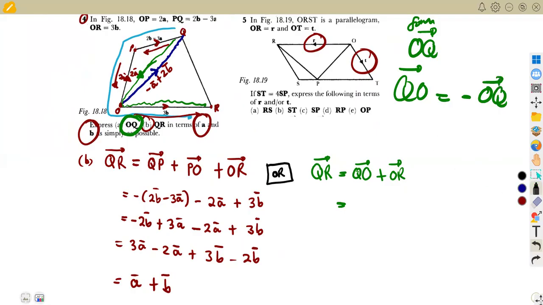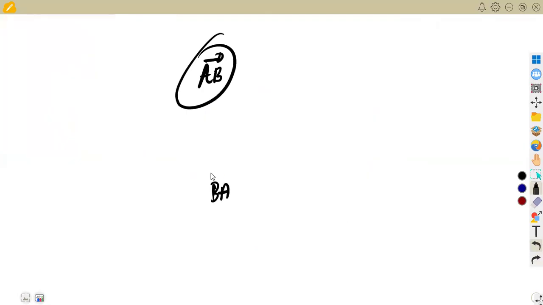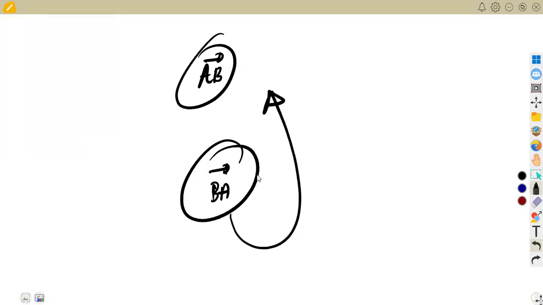All right, what am I trying to say? Whenever you are given the first vector, let's say you calculated vector AB. Take note, this is vector AB. Then in the next question, you are not using AB, but you are using vector BA. It follows that vector BA is taken from vector AB, only that you just have to multiply by a negative.